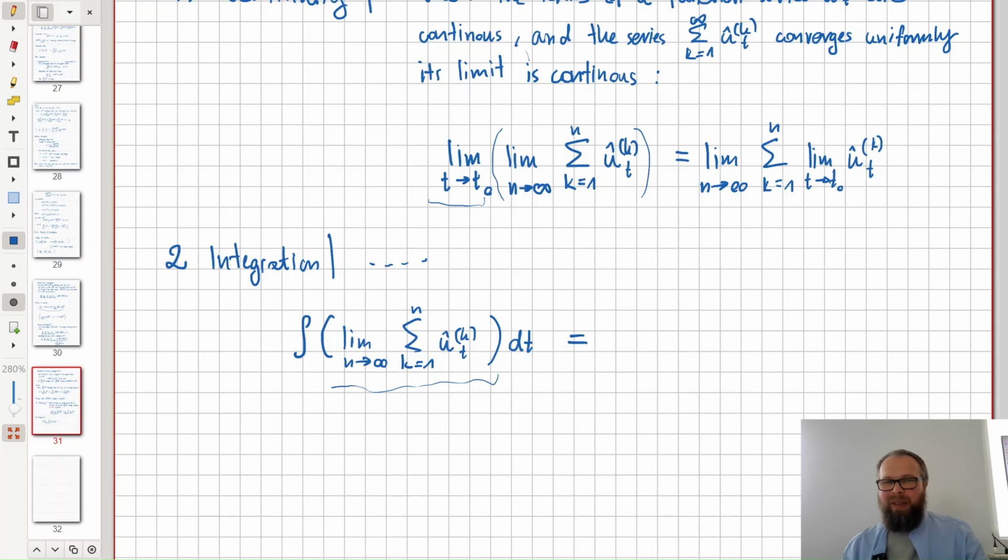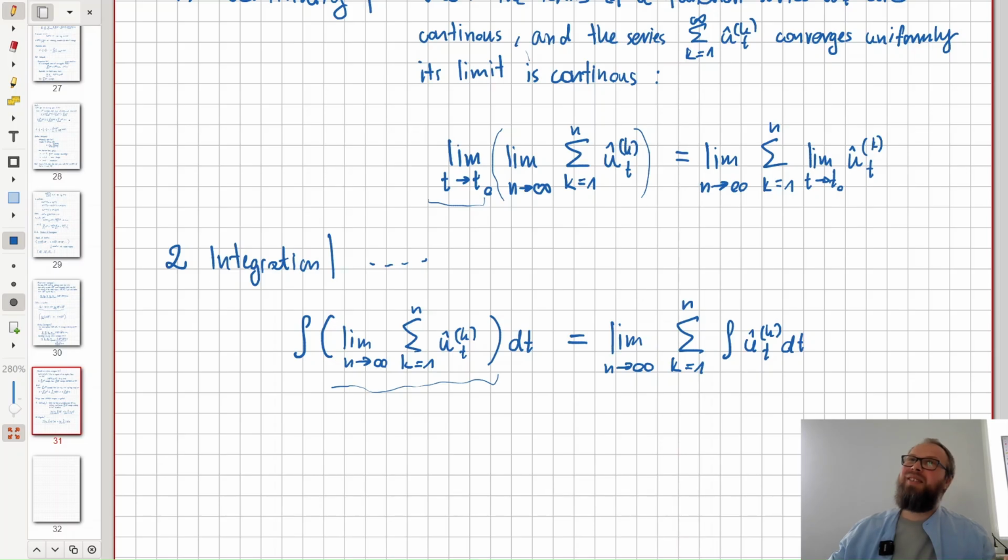Difficult. But uniform convergence tells us that this is the same as first integrating term by term and then going to the limit. Which is another constructive thing. We know how to do it term by term, and then just go to the limit. And the uniform convergence guarantees that it will be the same.